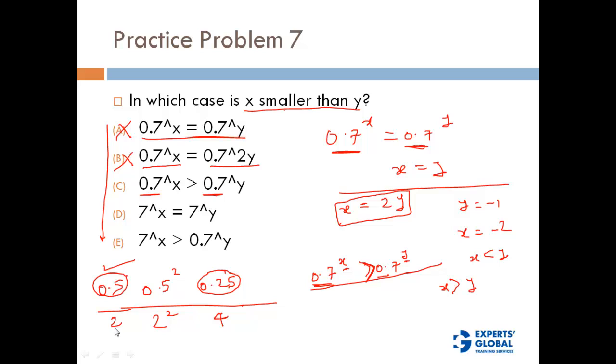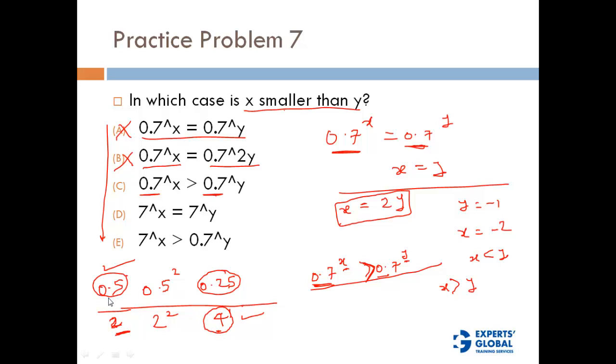Out of the numbers here, the base number is 2, the second power of the number is 4. Which one is greater? This power is greater. So you will see that whenever the number is greater than 1, the square or cube or fourth power, any positive power, is going to be greater than that number.